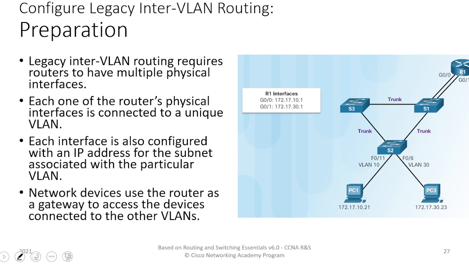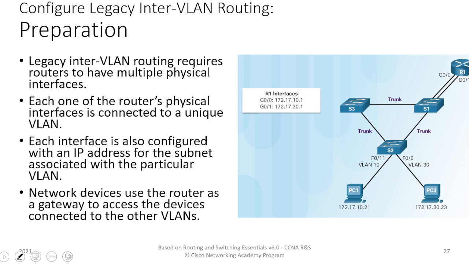So to configure legacy VLAN routing, we need to identify the router interfaces that we are going to connect to. We take 2 different router interfaces and configure them with appropriate network addresses belonging to those VLANs, because one interface is going to be a specific VLAN, the other one is going to be another specific VLAN.